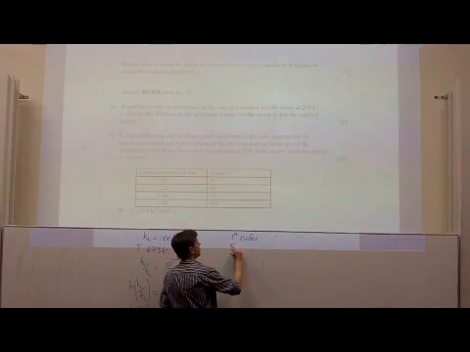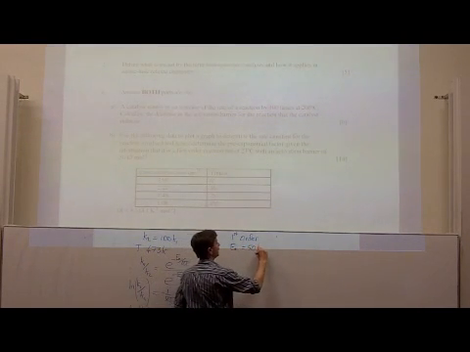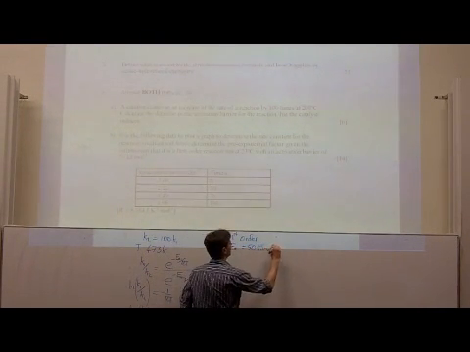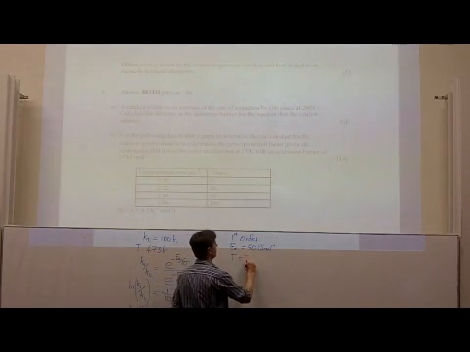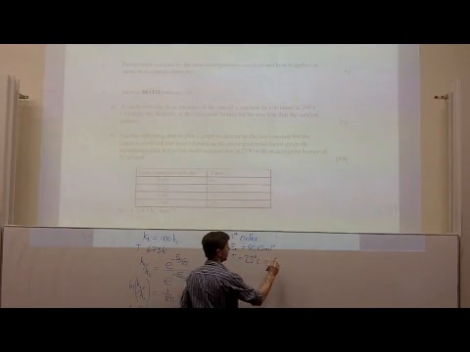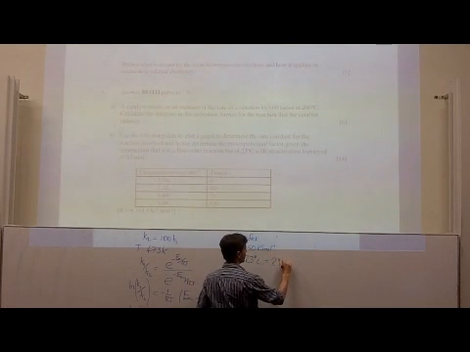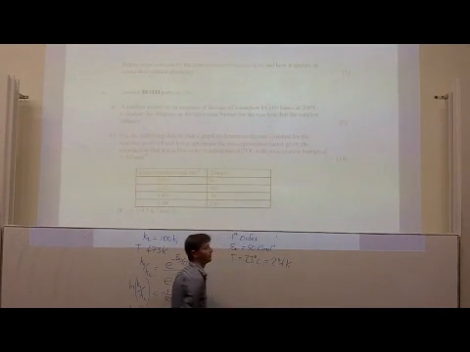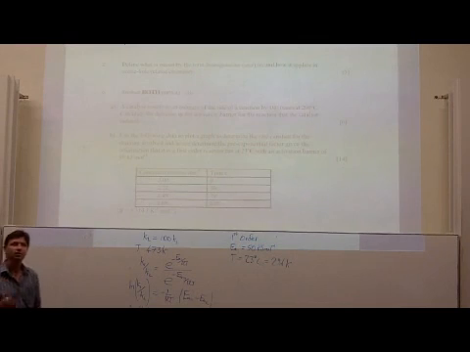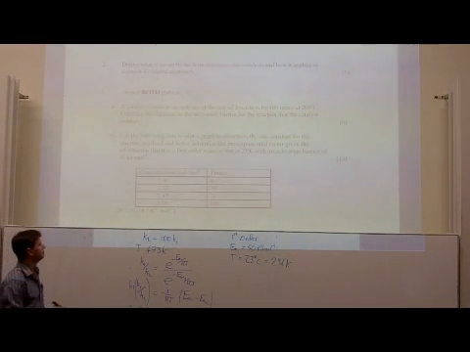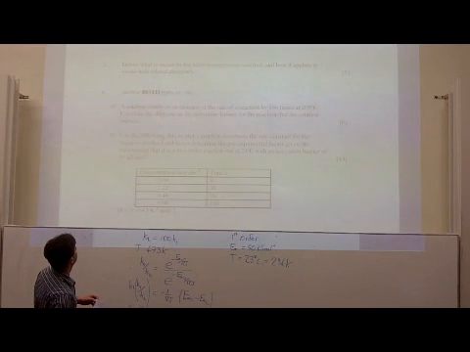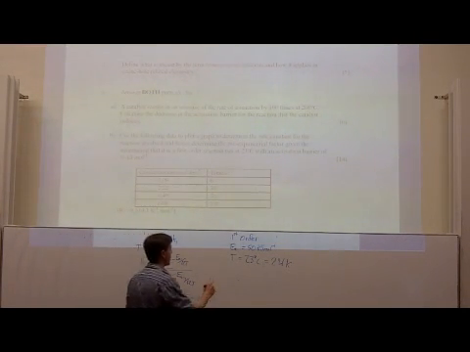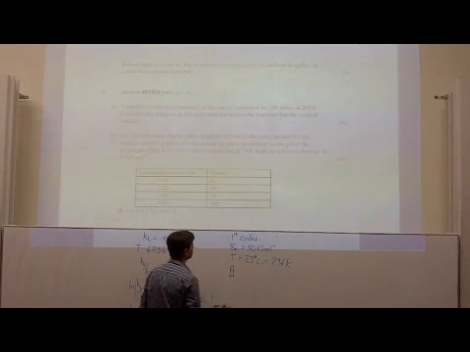We know the activation energy, 50 kilojoules per mole. And we know the temperature is 23 degrees C, which is 296 Kelvin. Again, just change to Kelvin straight away. Don't mess around with it. What we're trying to find is the pre-exponential factor. So it's A that we're trying to find.